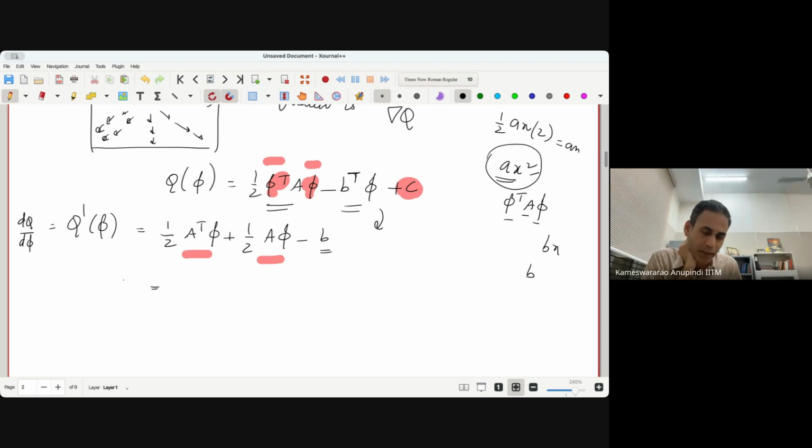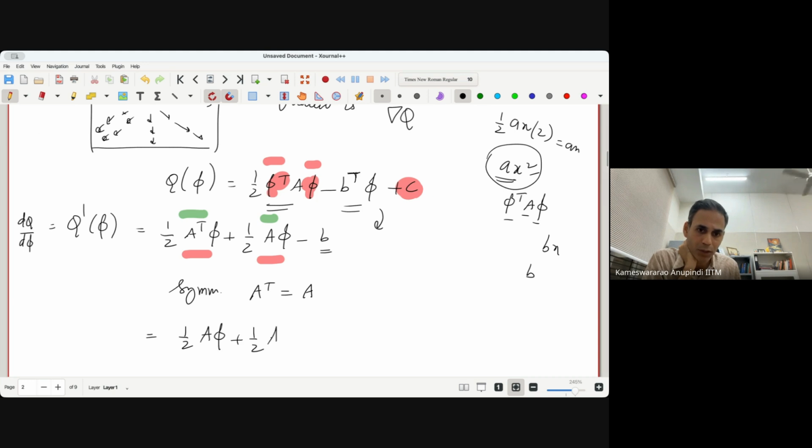But then we said that the matrix needs to be symmetric. For a symmetric matrix, A transpose equals A. That means I can write the first quantity also as half of A phi.